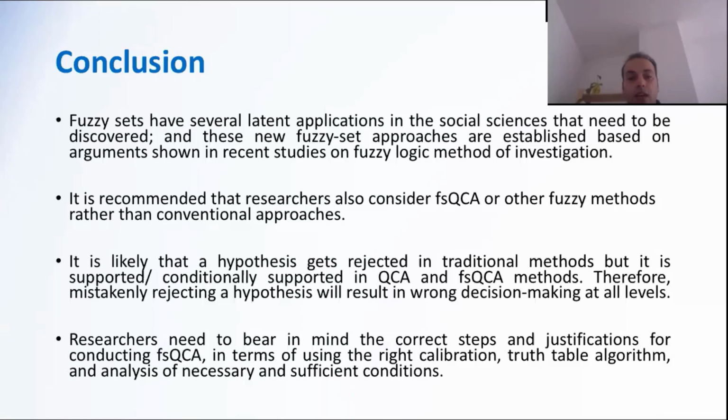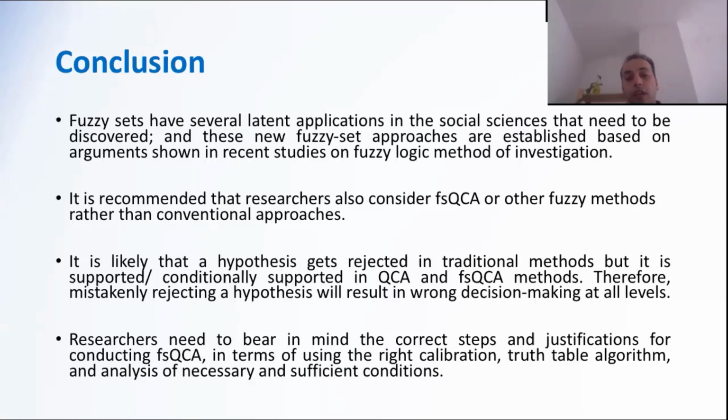It is recommended that researchers also consider fuzzy set QCA or other fuzzy methods such as fuzzy TOPSIS or fuzzy MOORA and other methods I've mentioned, rather than just sticking to the traditional methods of multivariate regression and structural equation modeling. It is likely that hypotheses get rejected in traditional methods, but are conditionally supported or fully supported in QCA and fuzzy set QCA methods.